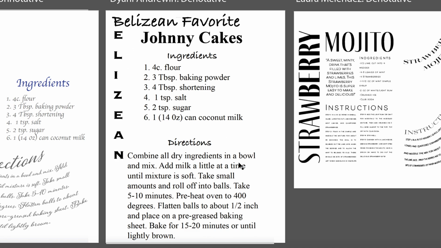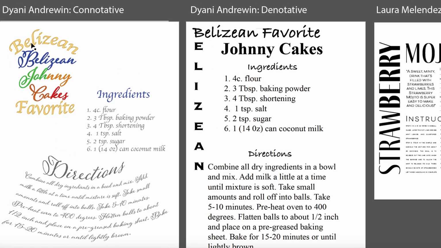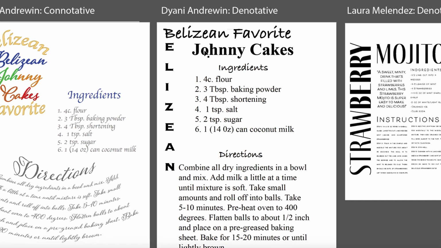Again, I'm a little confused, similar to how you treat your pull quote here. Maybe treat it a little bit differently. So if it's Belizean favorite, maybe this can be on its own on this side right here. But Belizean Johnny Cakes looks like it's a title treatment. So maybe separate your pull quote and title on its own.